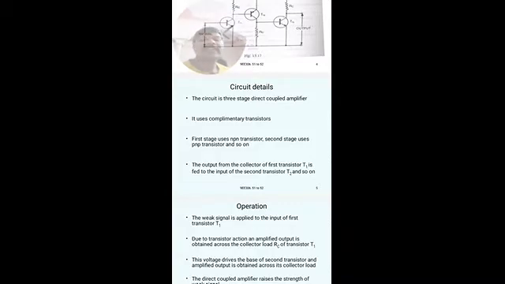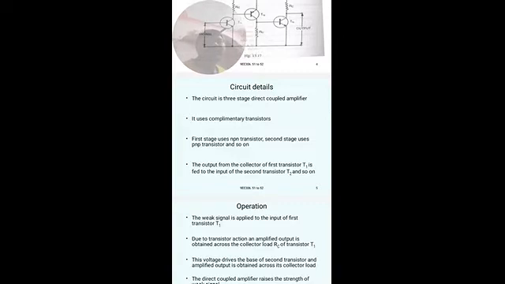Due to the transistor action, an amplified output is obtained across the collector load RC of the transistor T1.